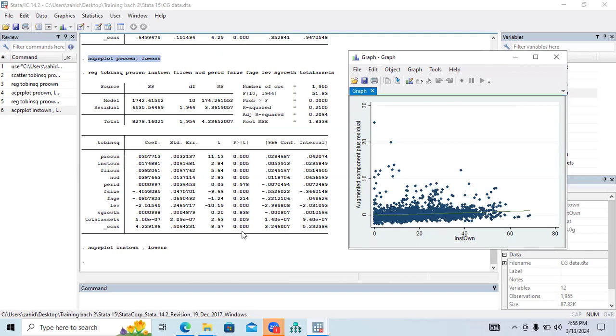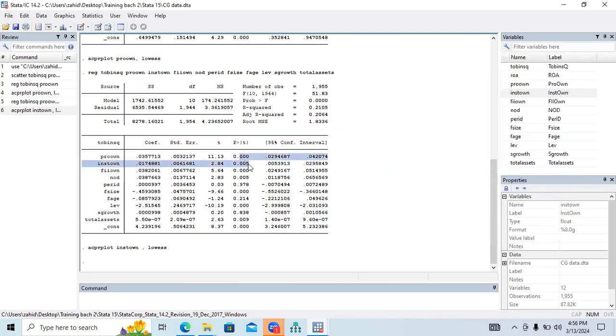So linearity may be confirmed in two ways. The first method to confirm the linearity is by seeing the p-value. If the p-value here is significant, it means there is a linear relationship. You can observe that PRID is not significant. So let's test this variable with our ACPR plot.